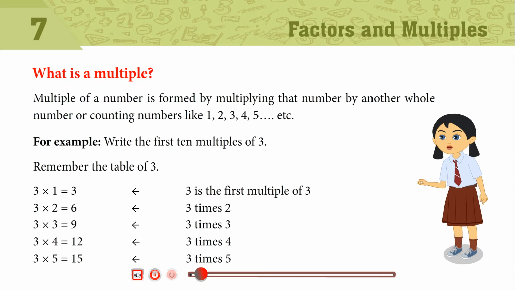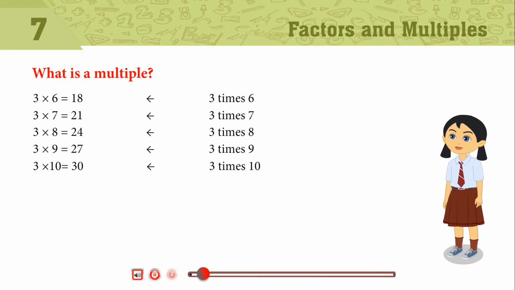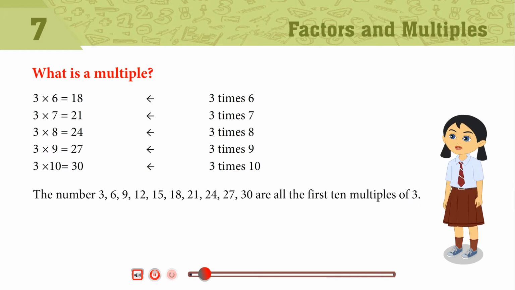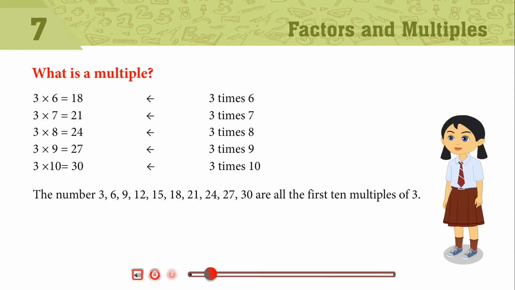The numbers 3, 6, 9, 12, 15, 18, 21, 24, 27, 30 are all the first 10 multiples of 3. Remember, if we multiply any number by 1, 2, 3, 4, 5, we get the multiples of that number.